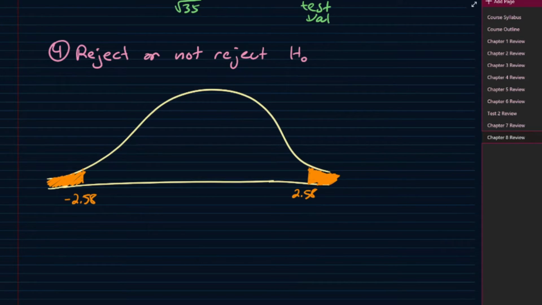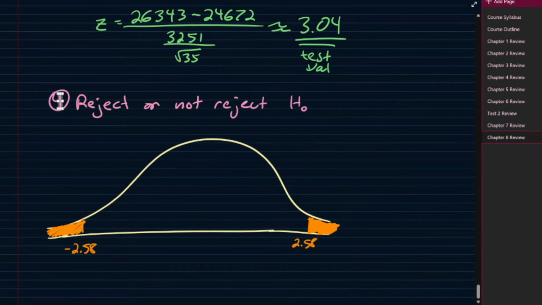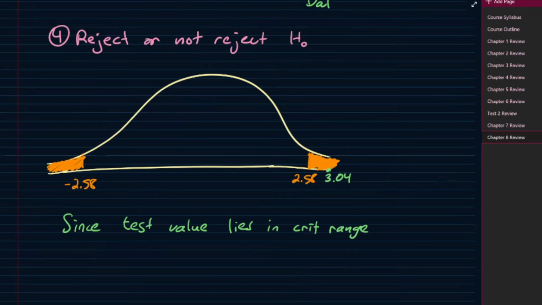If our test value is in either of these orange regions, we're going to reject h sub 0. Our test value 3.04 is around here, which is in the critical range, right? So since the test value lies in the critical range, we reject h sub 0.